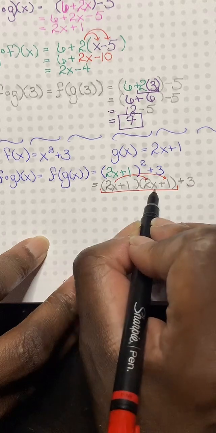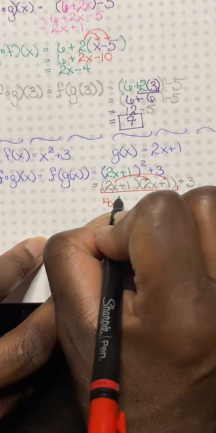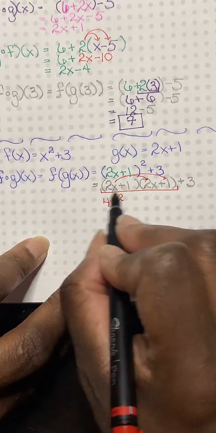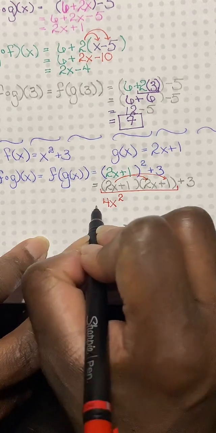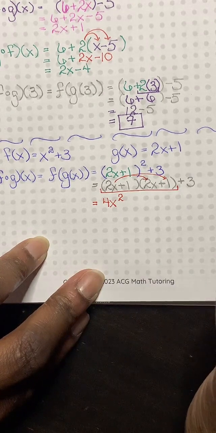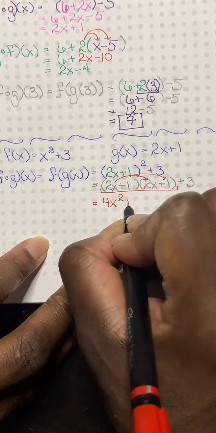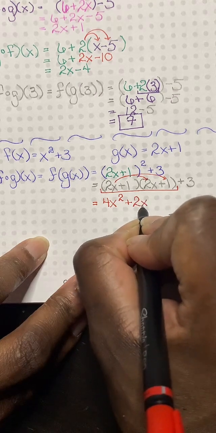So 2x times 2x gives me 4x squared, because 2 times 2 gives me 4, and x times x gives me x squared. When you multiply, you add the exponents. Plus 2x times 1, that simply gives me 2x.